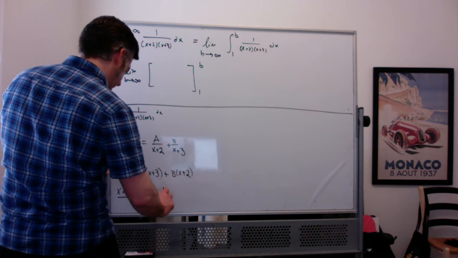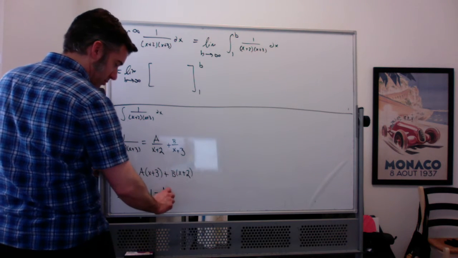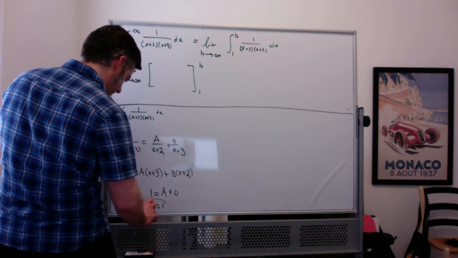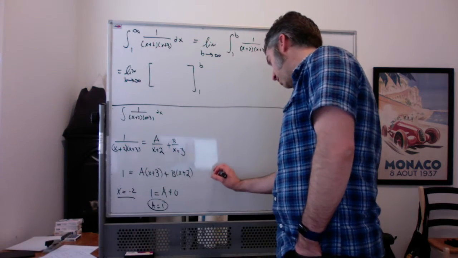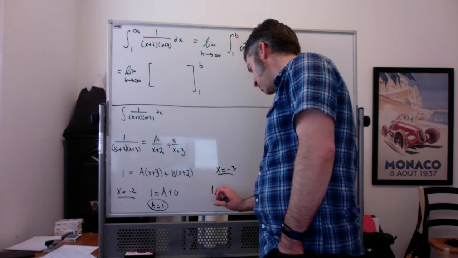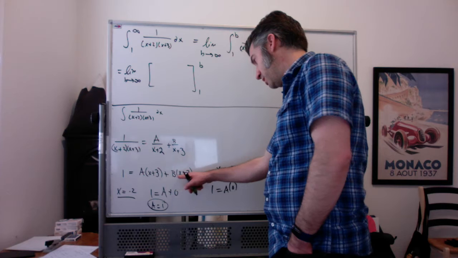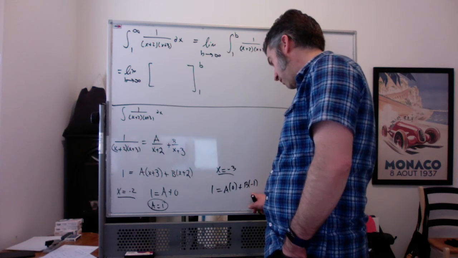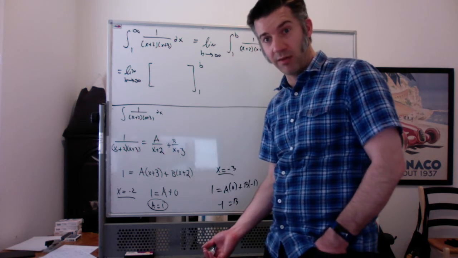So 1 equals a. And b times (negative 2 plus 2), so b times 0. So a equals 1. Sorry about that. And then setting x equal to negative 3, you get 1 equal to a times 0 plus b times (negative 3 plus 2), which is b times negative 1. So negative 1 times b equals 1, so b equals 1 divided by negative 1, which is negative 1.